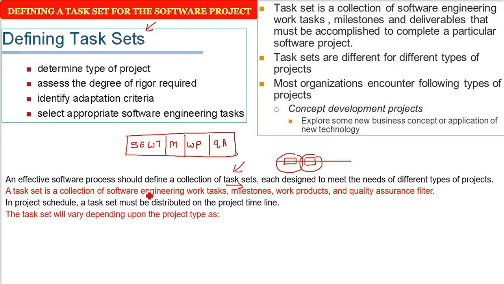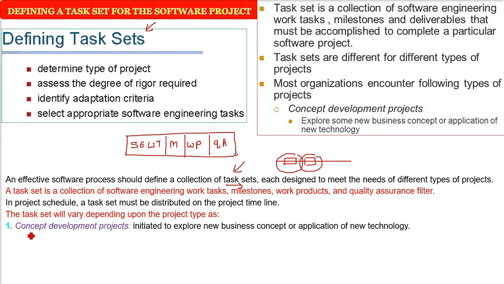So what can be the different types of project which we are talking about? First one is the concept development projects. You need to know that this is initiated to explore a new business concept or application of new technology.